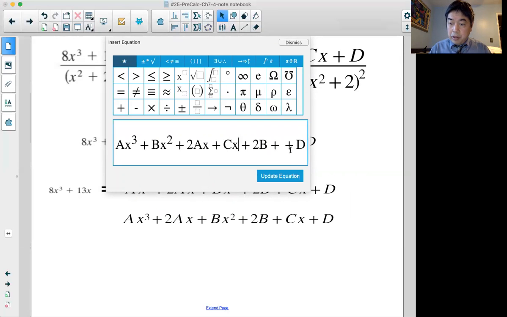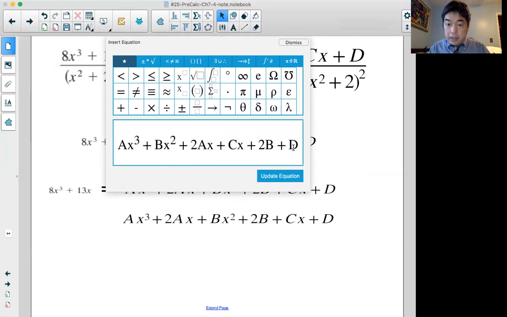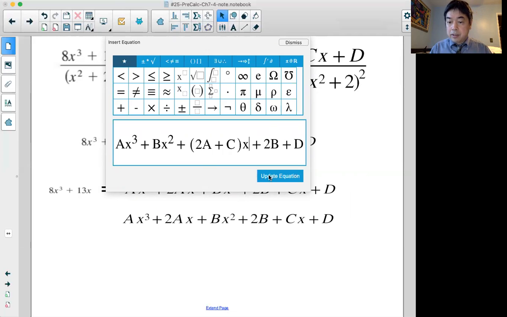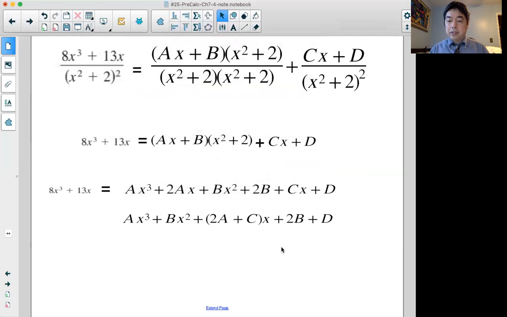So if you collect like terms, cx and 2ax can be combined together. So this is 2a plus c. Inside the parenthesis is 2a plus c, and you can combine x together. So this is the new expression.